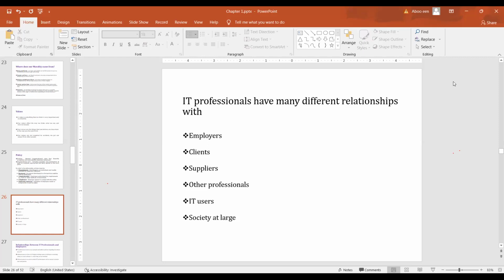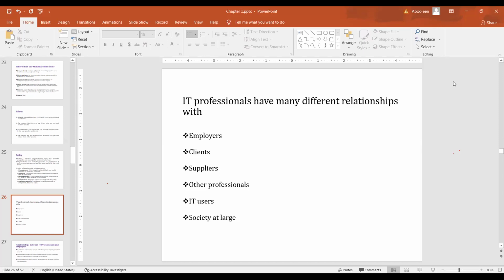Other professionals, for example financial institutions, banking staff, legal authorities, government agents and employees, and various other professionals.